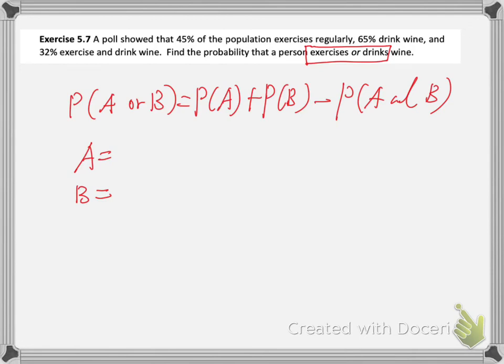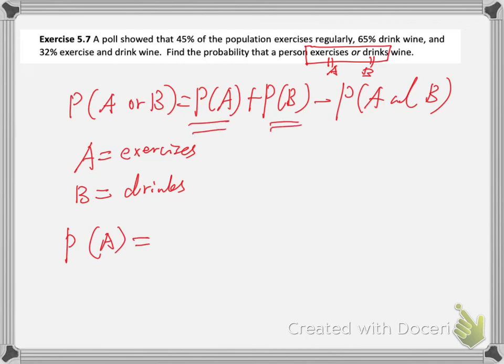You look at the box. What's before and after the word "or", that's your A and B. A means some people exercise, and B means some people drink. That's the meaning of A and B in this probability. Now we need P(A), P(B), and P(A and B).